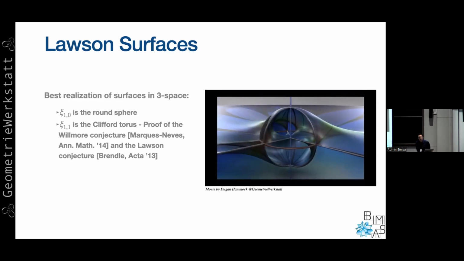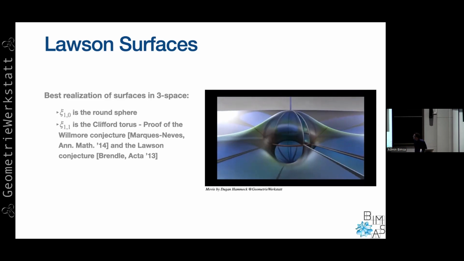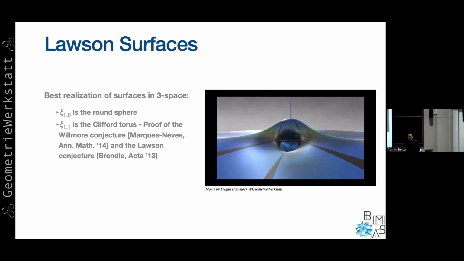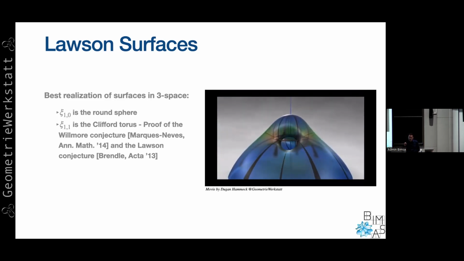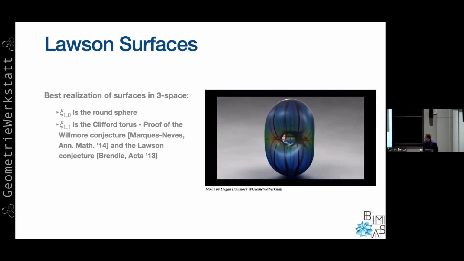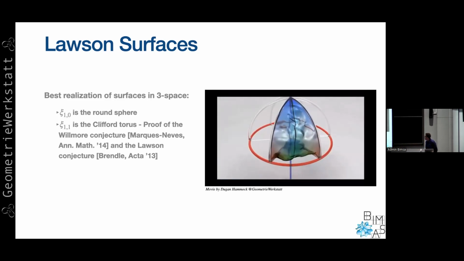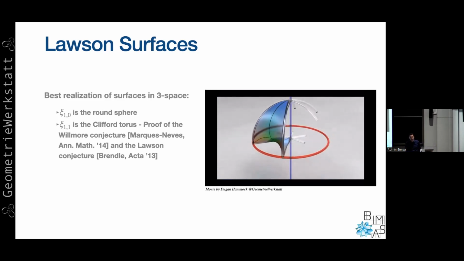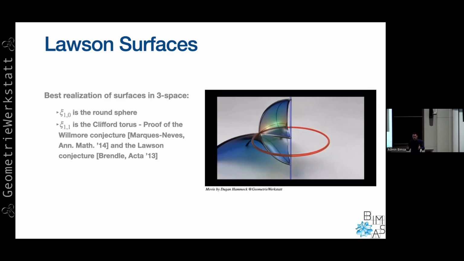And actually, they proved that the Clifford torus minimizes the Willmore energy amongst all surfaces of positive genus, not only amongst tori, but also for higher genus. And the Clifford torus is also, by the resolution of the Lawson conjecture, the unique embedded minimal torus in the free sphere. So this is really the best torus, I would say.